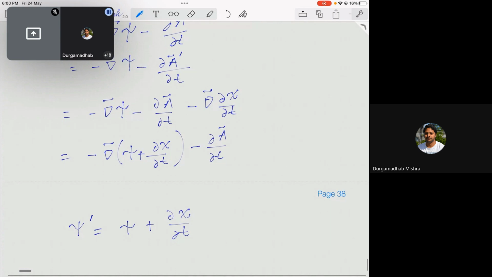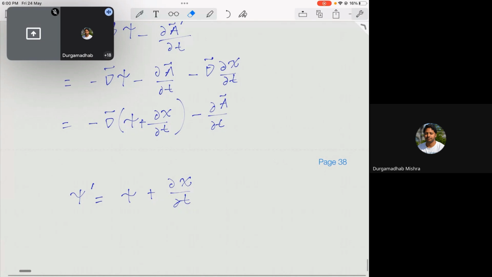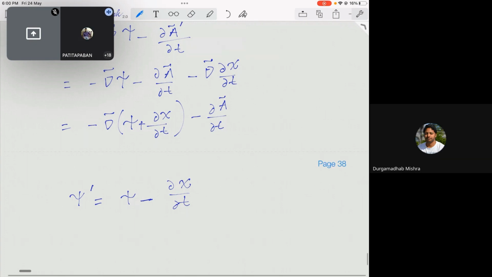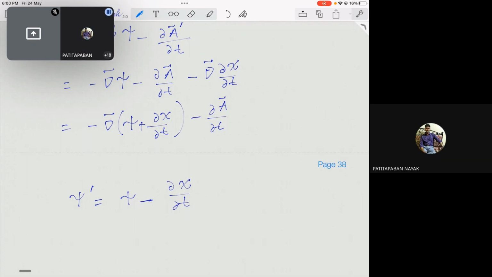Because we have a positive term, this psi prime has to be negative, right? Yes, sir. Because we want to keep the electric field invariant, we have to have the scalar potential as psi minus del chi by del T. So this will cancel out.